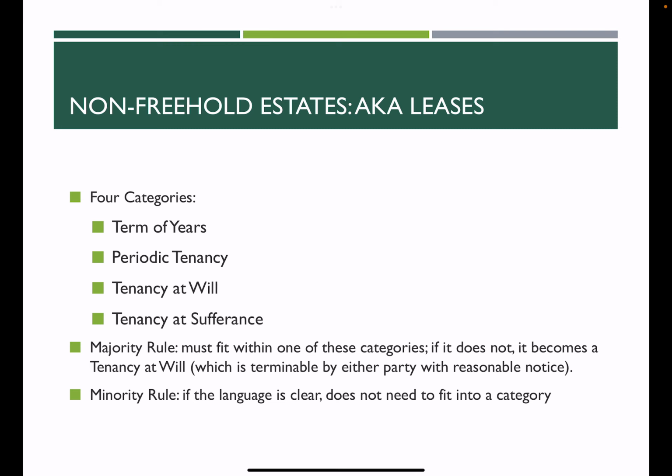With the periodic tenancy, it is a span determined by succeeding periods. So here it'll say something like month to month or year to year. The termination notice generally correlates to the length of a period. So if you have a month-to-month lease, typically that means you have to give a month's notice before it ends. Although sometimes it arises by implication.